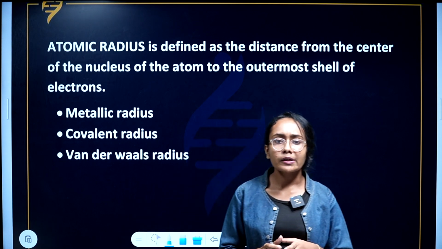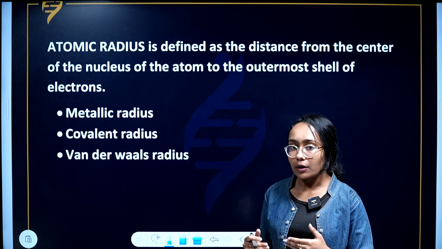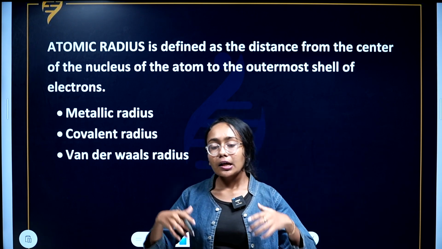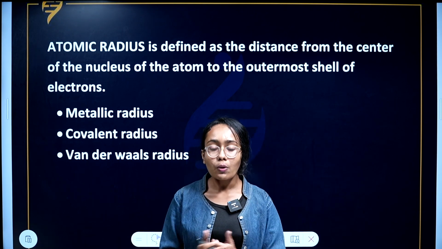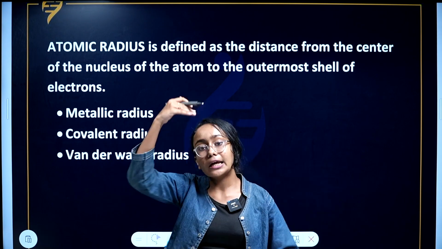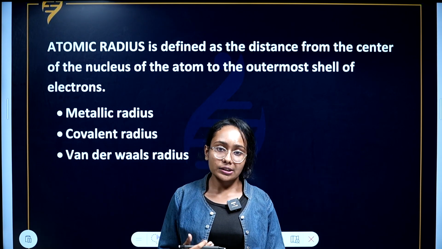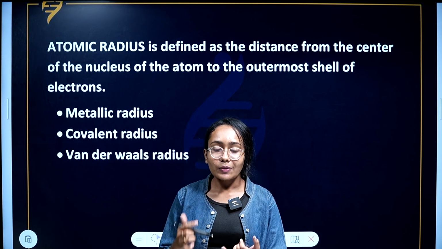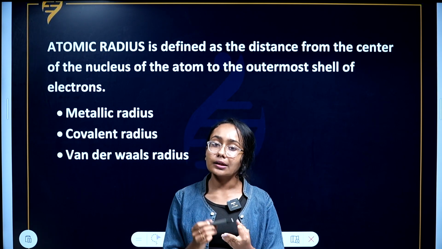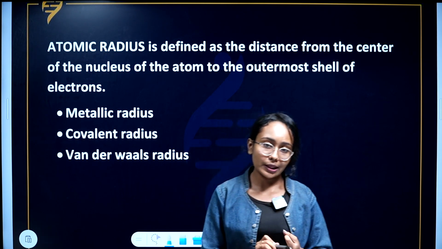So in this class, we are going to discuss some physical properties that the elements show and their variation along the period and along the group in the periodic table, like atomic radius, ionic radius and ionization enthalpy.